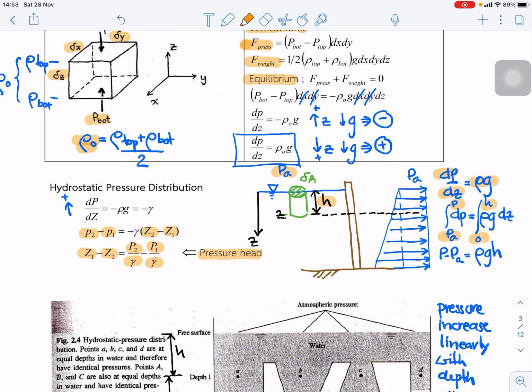So we can write that P minus PA is equal to rho gh. In this case, P is the absolute pressure.